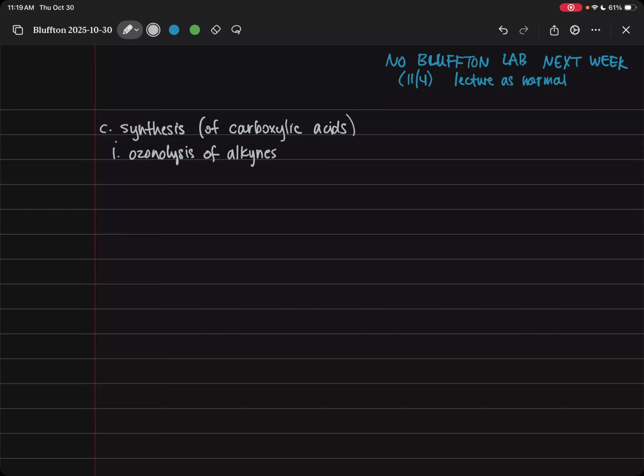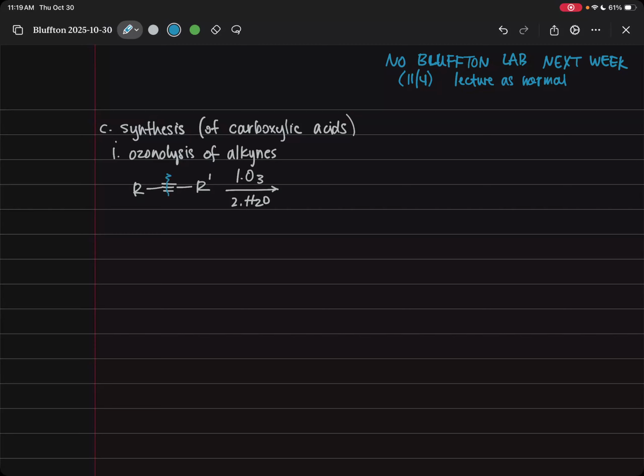But if we have an alkyne, where we have a triple bond instead of a double bond, we can do a similar type of ozonolysis reaction. We treat it with ozone. In the case of the alkenes, we split the double bond down the middle, and one of them became one ketone and the other became the other ketone. And so we're really going to do the same thing here.